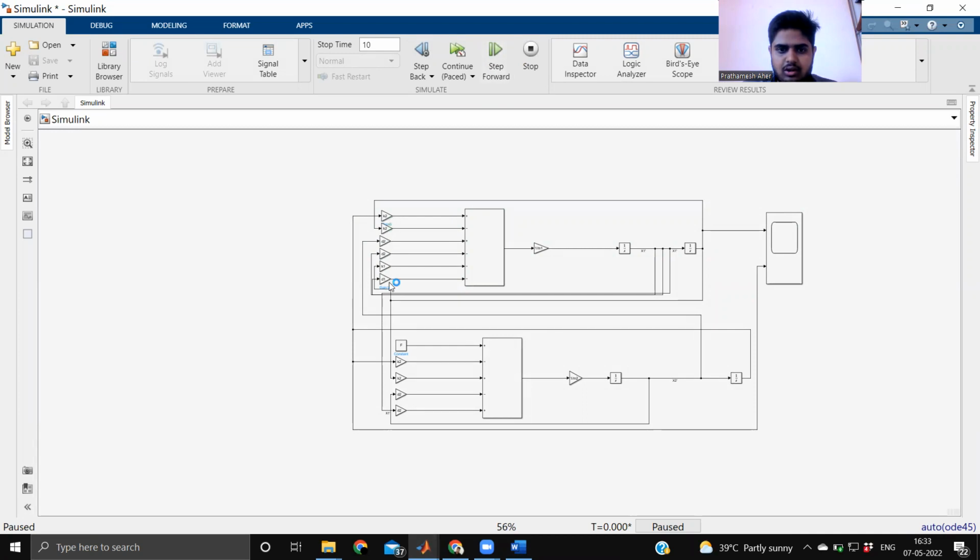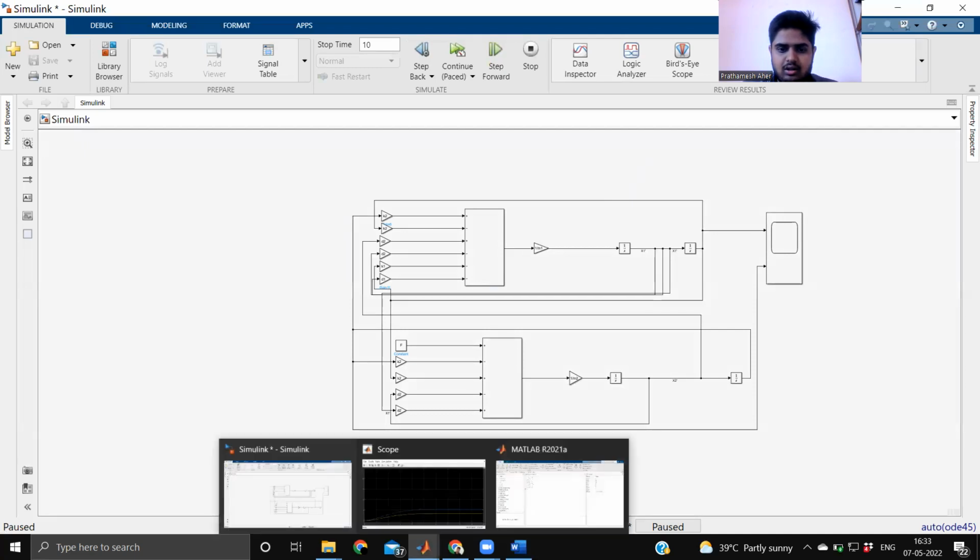You see all the diagrams shown with the upward direction and the grids. This is the output of the scope.